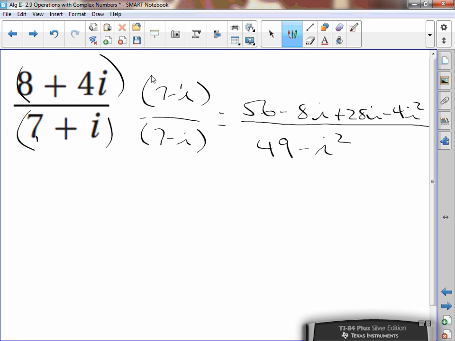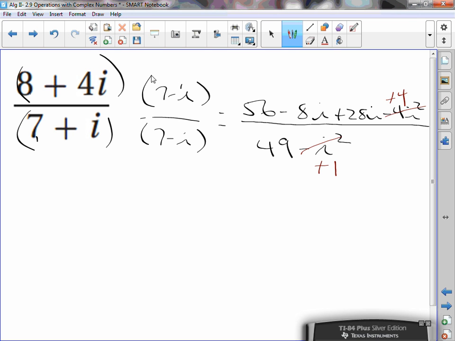First thing I'm going to do is change the i squareds. What's negative 4i squared become? Plus 4. The negative i squared in the bottom becomes plus 1. I'm putting the plus 1 so I don't forget I'm adding 1.